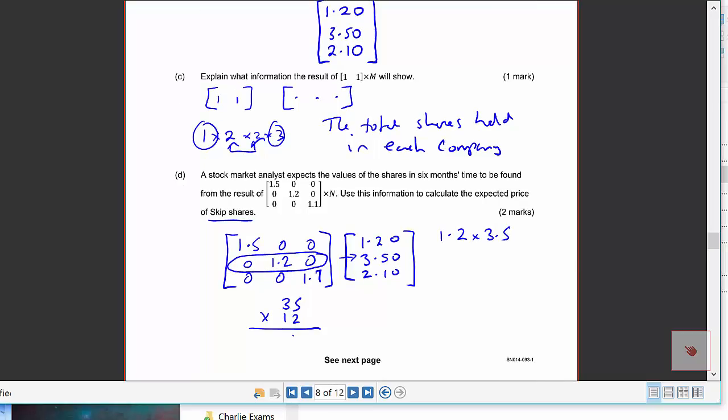So 2 5s 10, 2 3s 6, and 1 7, 0 3 5. So that's going to be 0, 2, carry 1, that's 4, so that's going to go up to $4.20.